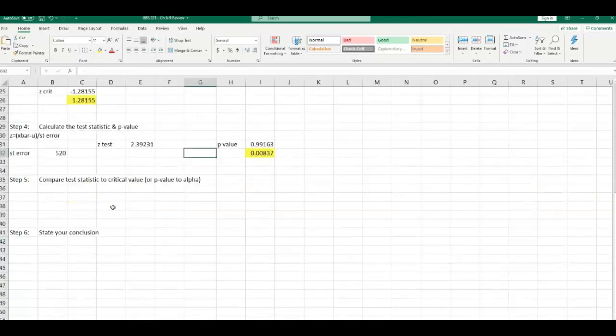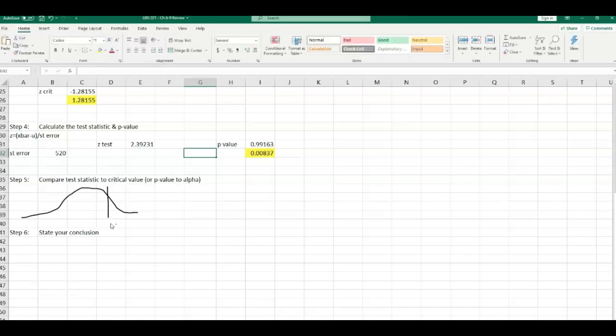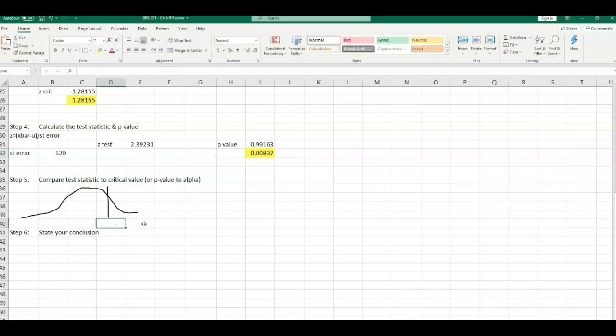Now step 5 was comparing our test statistic to our critical value. So we can once again draw out a bell curve. And it's a right-tailed test, so everything that we're talking about is going to be over here on this right side of this bell curve. Our critical value was this 1.28, right? So we can put 1.28 as the critical value here.